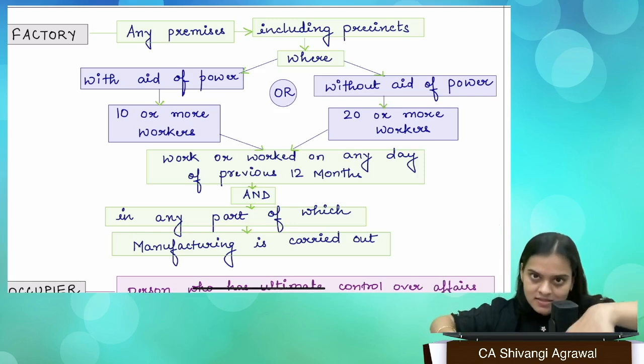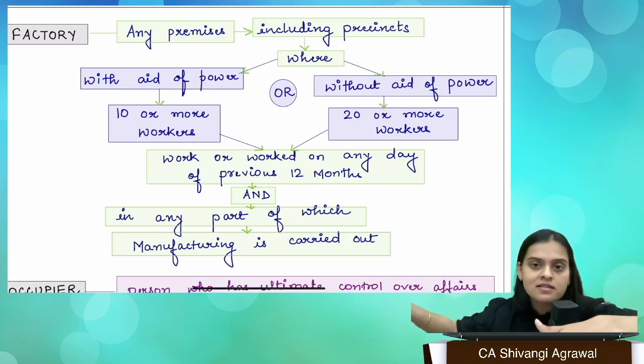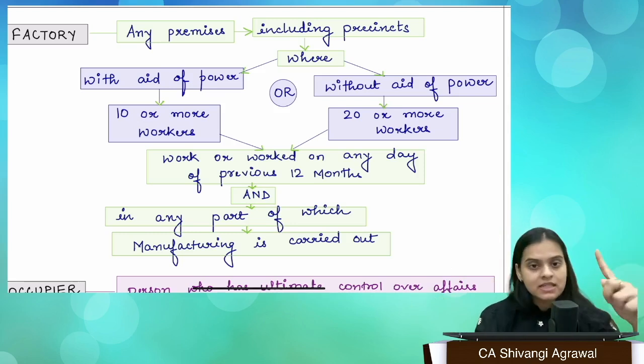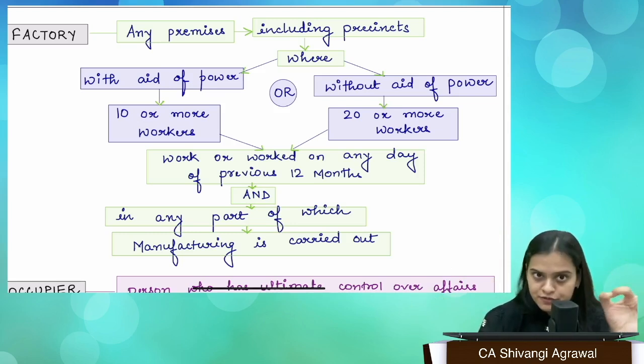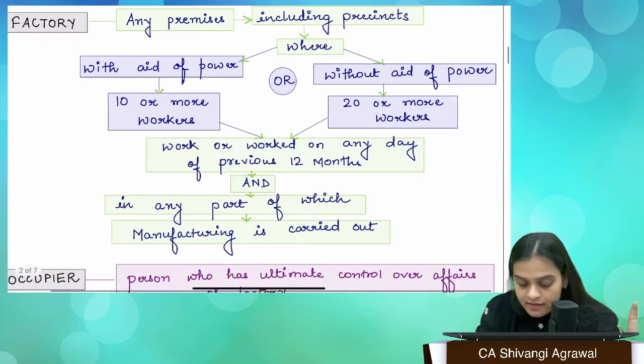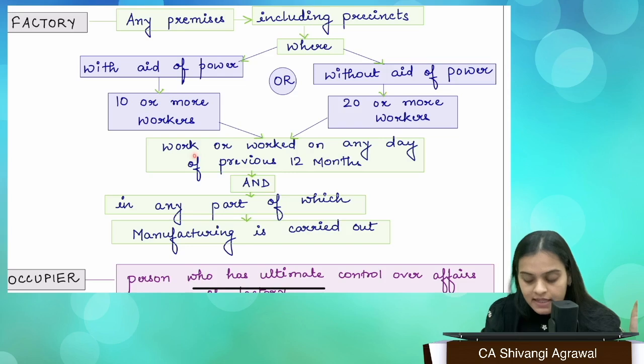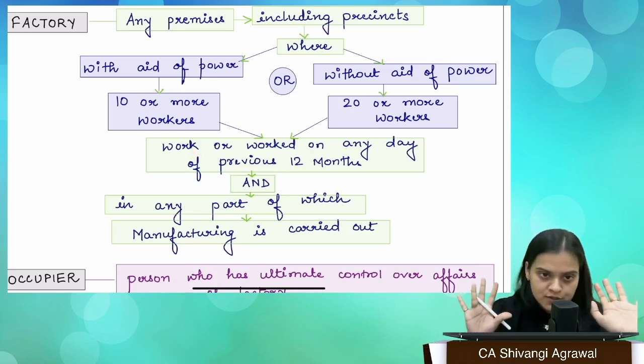So any premises including precincts, there may be precincts in the factory, there may not be. That is going to be treated as a factory if there are 10 or more workers who work in that particular factory.